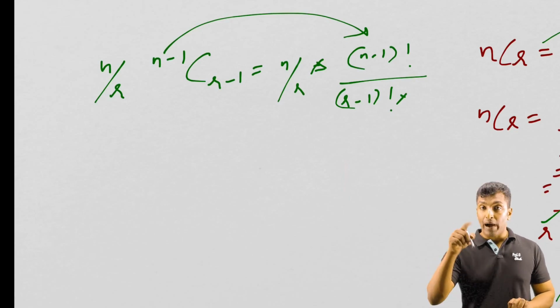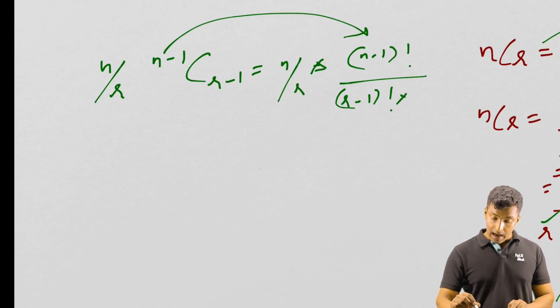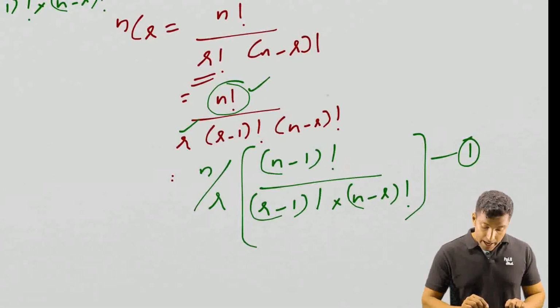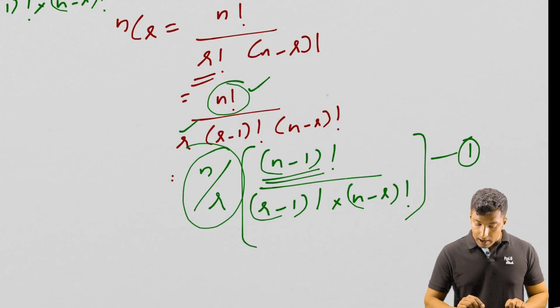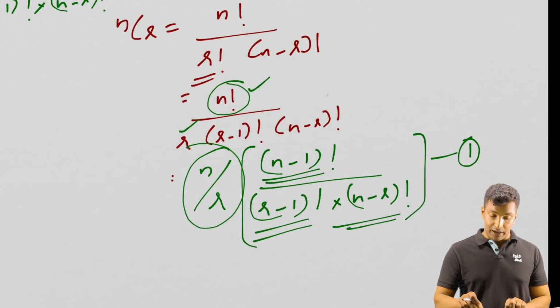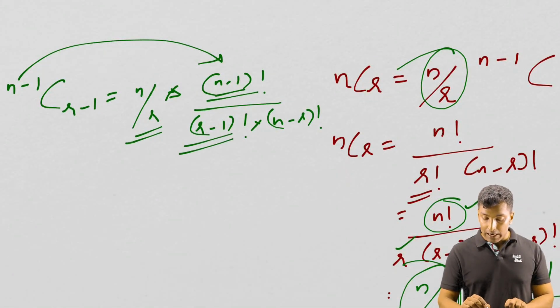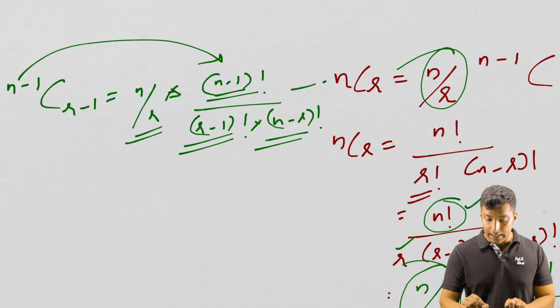It will become minus 1 plus 1 minus r, so it will become (n minus r) factorial. So you can clearly see here n by r, (n minus 1) factorial, (r minus 1) factorial, (n minus r) factorial. You can mark it as 2.